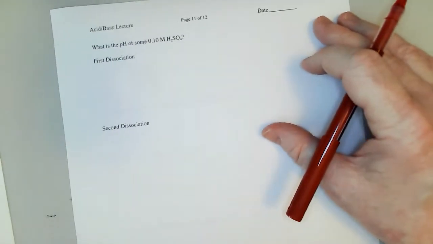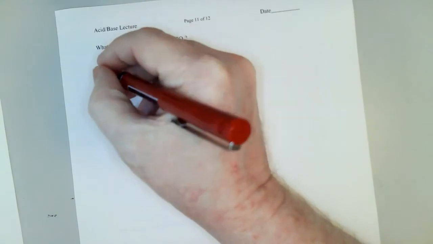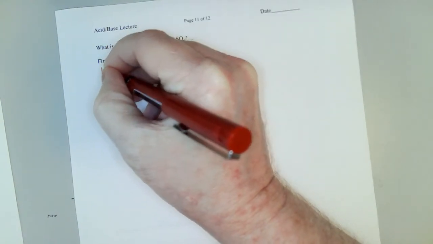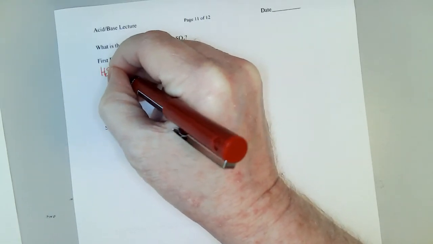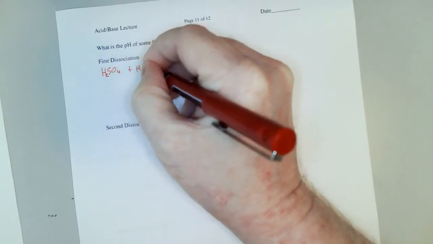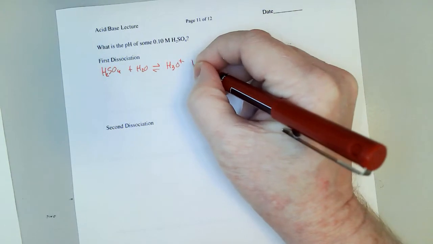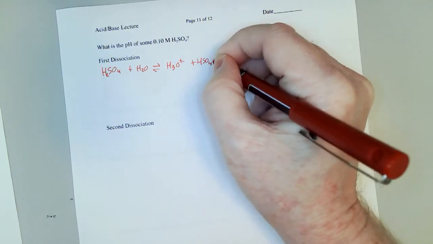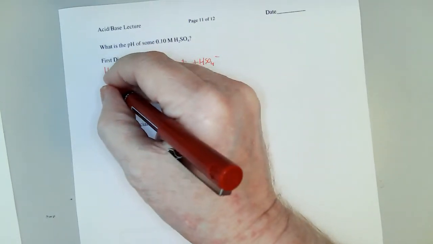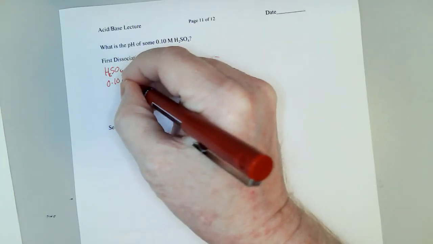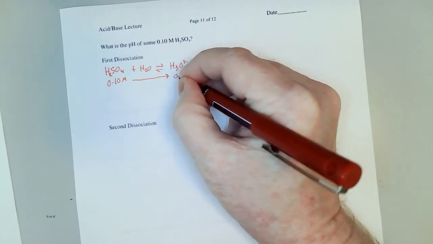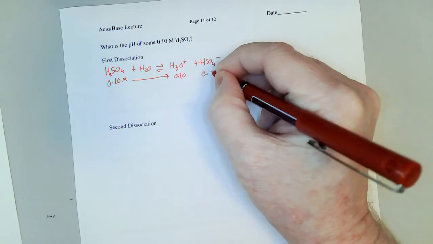Okay, so now, how about for H2SO4? This is a very different ballgame. Now, for the first dissociation, H2SO4 plus water gives us H3O plus and HSO4 minus. Basically, this is 0.10 molar, which turns into this being 0.10 and that being 0.10.